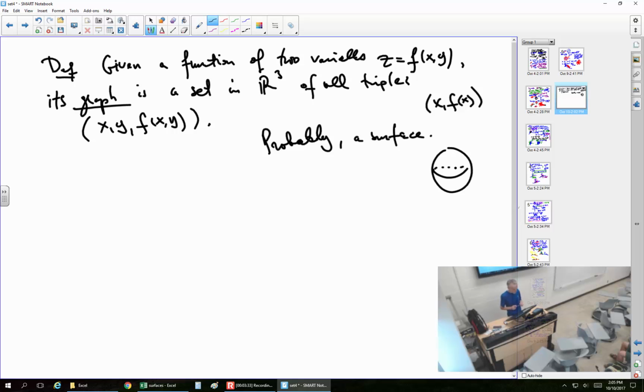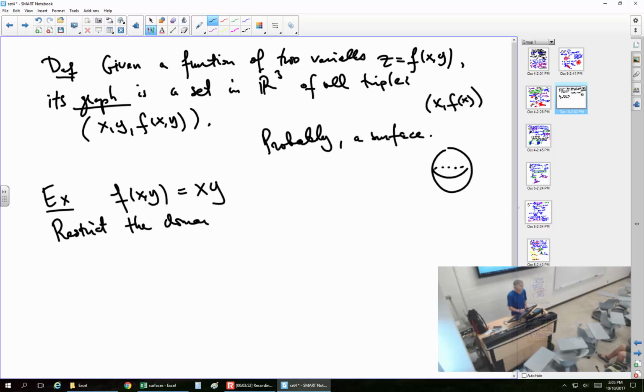Okay, so let's once again go back to this example of f of x, y equals xy, a nonlinear function, and what we did last time was to try to restrict the domain, specifically to a curve.